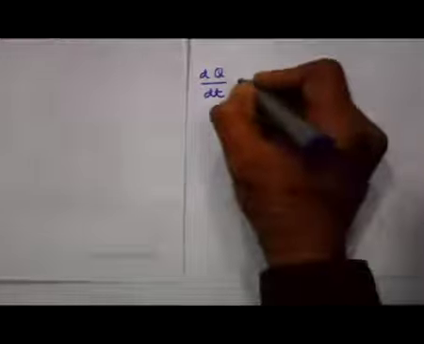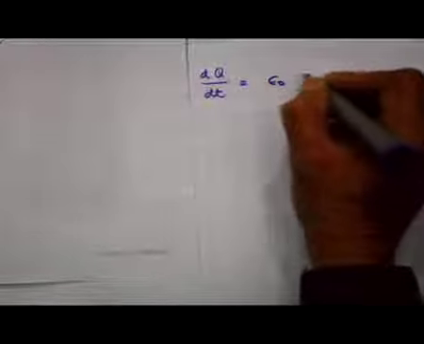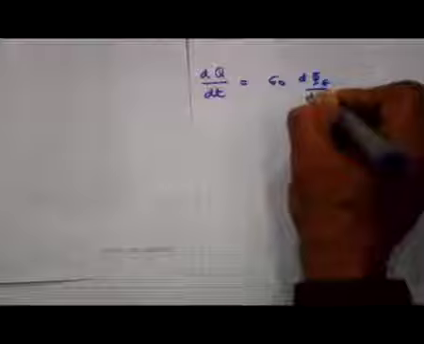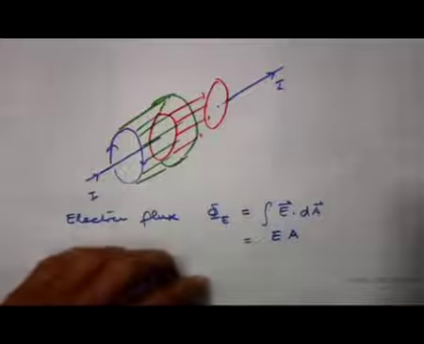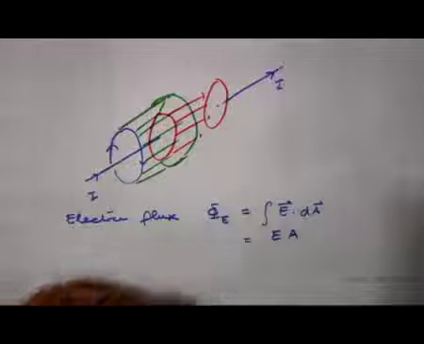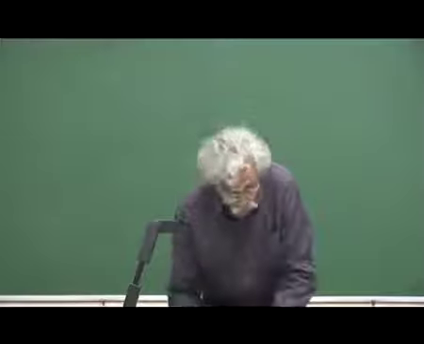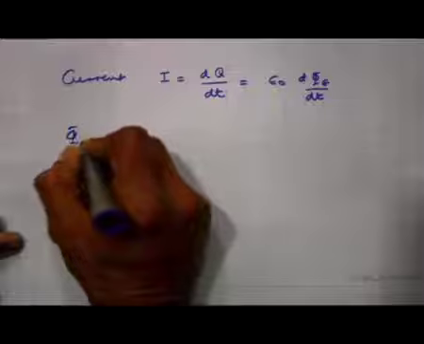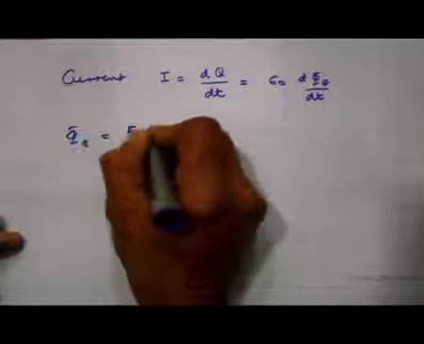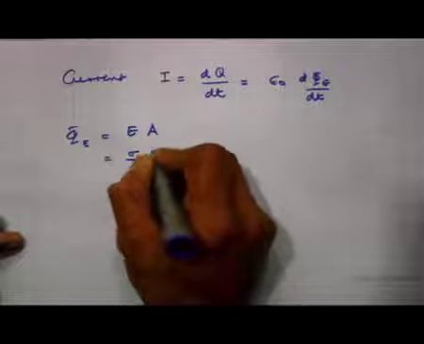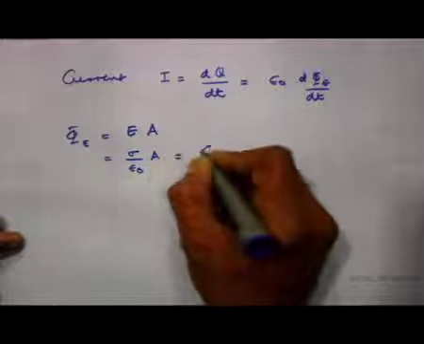Which is equal to epsilon 0 d phi E by dt. So, the flux is given by E times A, and so let me rewrite this equation again here. Flux is given by E times A. E is sigma by epsilon 0 into A, which is equal to q by epsilon 0.